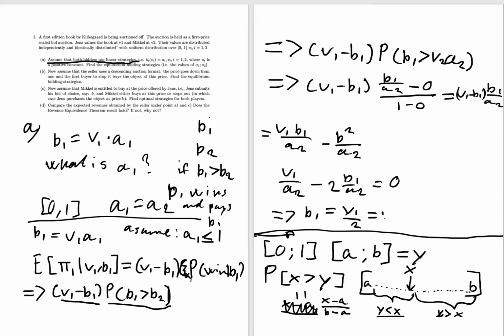And if you want to write this in a way where A becomes very apparent, we can do it like this. So V1 is multiplied by half, and this right here is our A1, our linear strategy that we wanted to find.